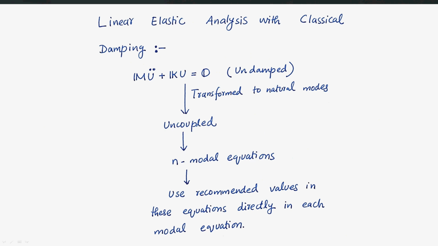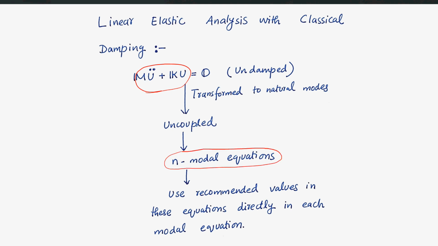For linear elastic analysis with classical damping, what we do is that we start with the undamped case. We write the undamped case governing equation of motion. We solve it for free vibration response, we uncouple them, and we get n modal equations.